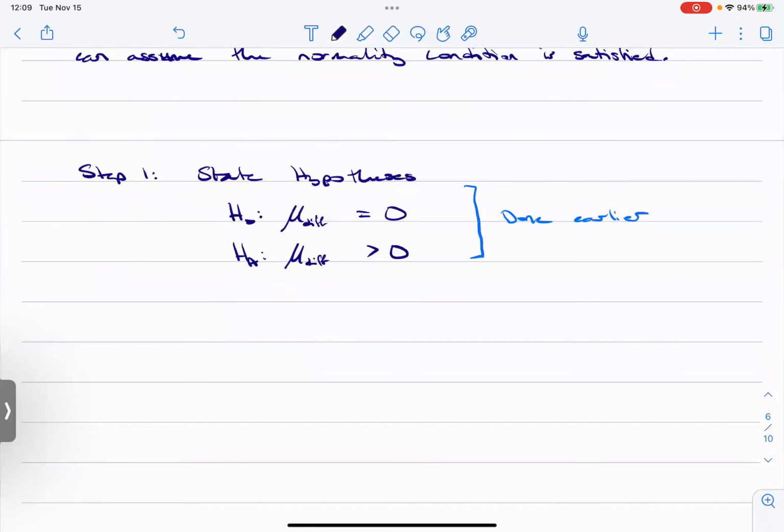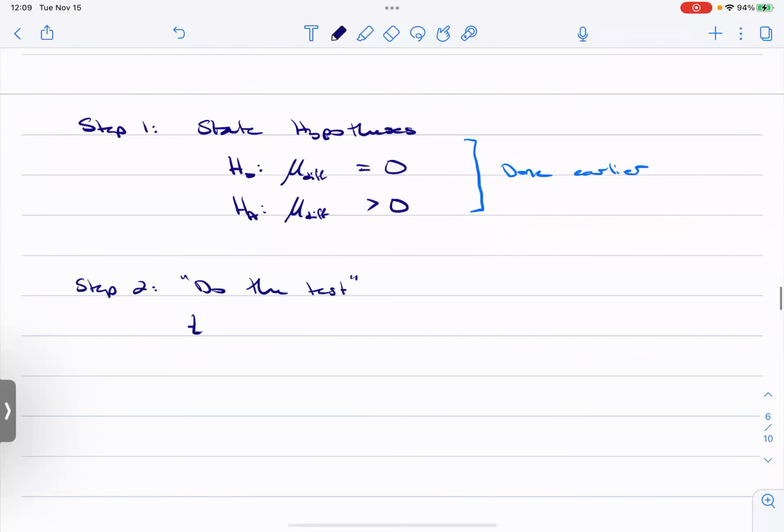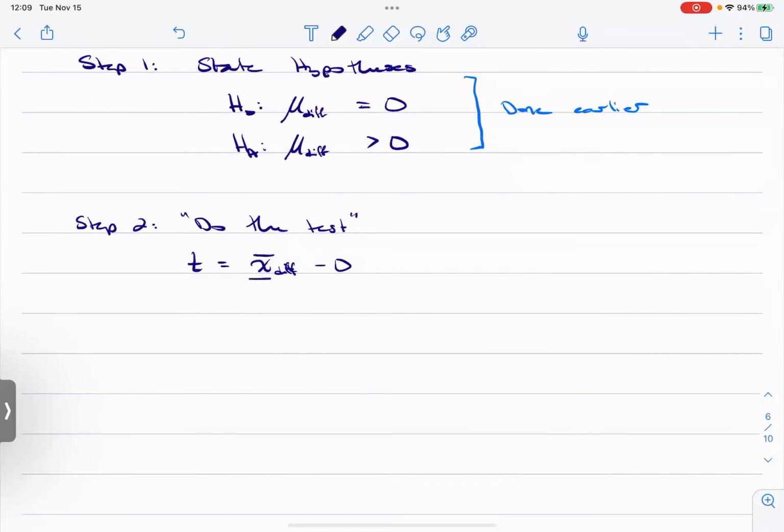Step 2, calculate the test statistic. T is the mean of the differences minus 0, which you don't have to write, I just want to emphasize that we're still doing that same calculation, divided by S diff divided by the square root of n diff.